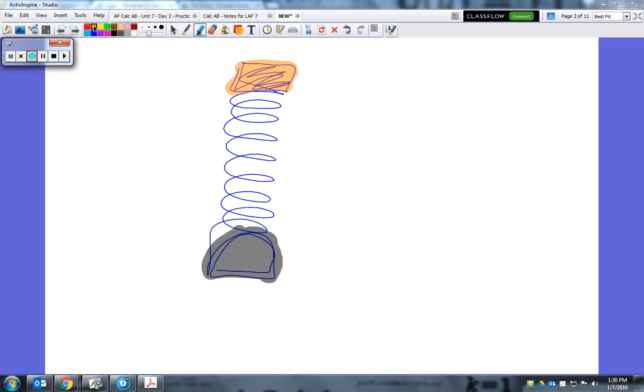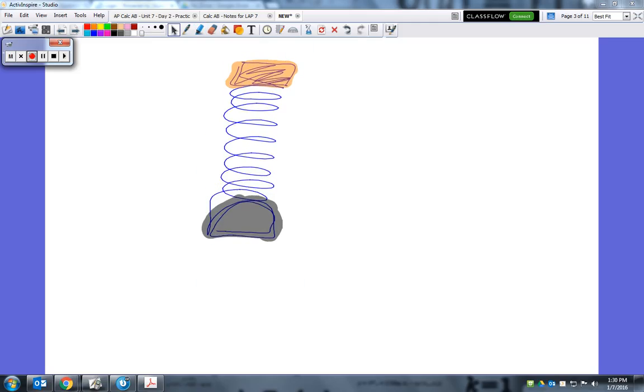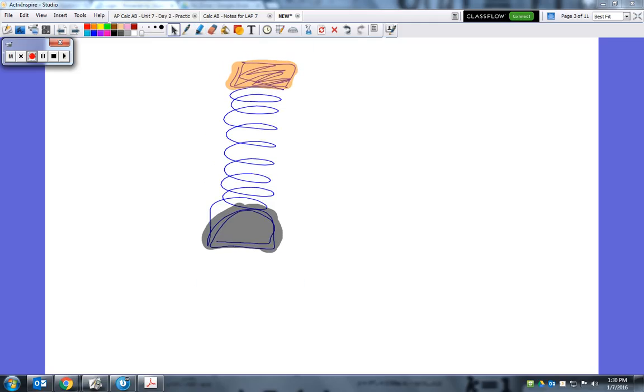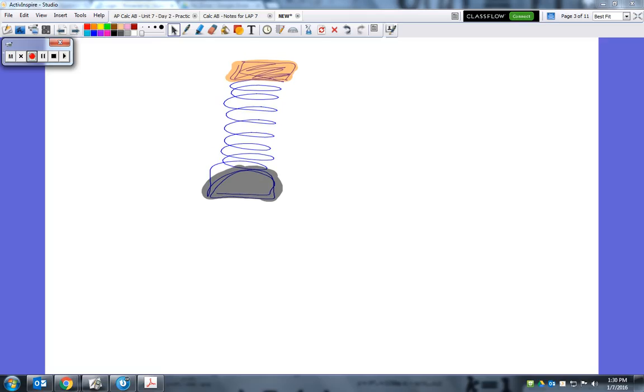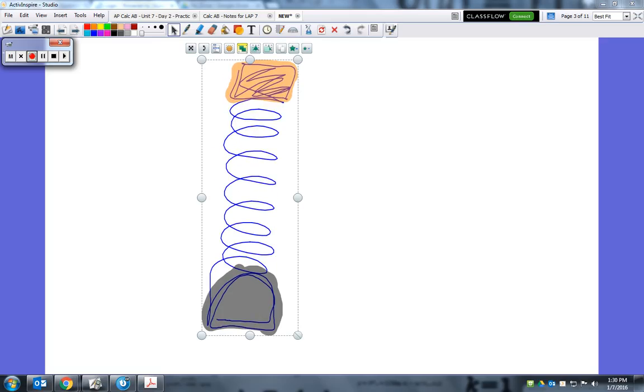Don't judge my spring. Alright, and it's an oscillating spring. So as this thing is moving, I'm going to start time equal to 0 at the bottom. Okay? And as I let it go, it obviously will go upward. You agree? Okay. When it oscillates forever and ever, it will come to a resting point.